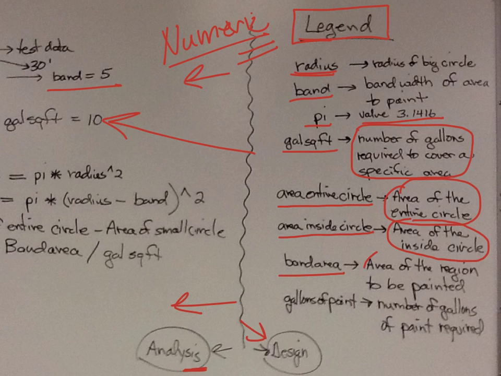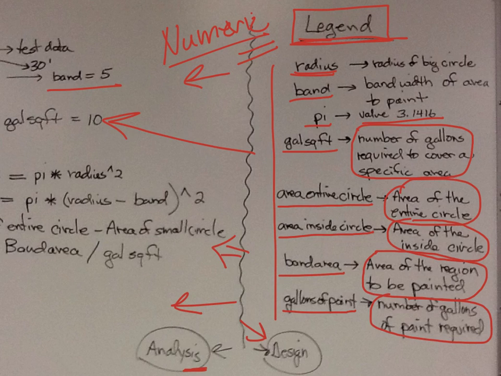Band area, that's the area we want to paint. We already figured out the calculations over here. And then gallons of paint, how much paint we actually need. So we have a legend, so we know what variables we're going to use to represent what in our program.